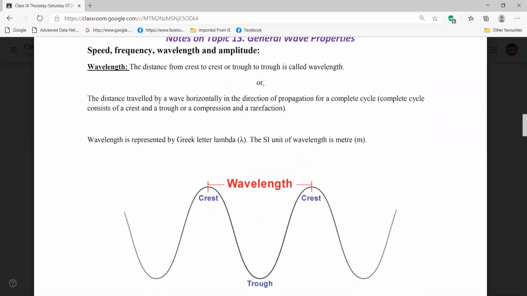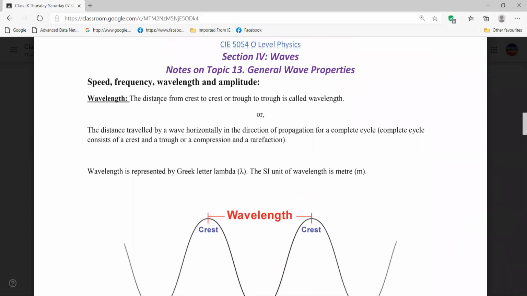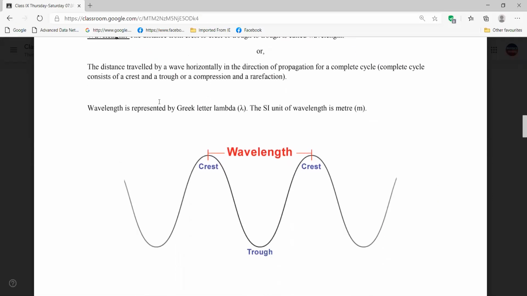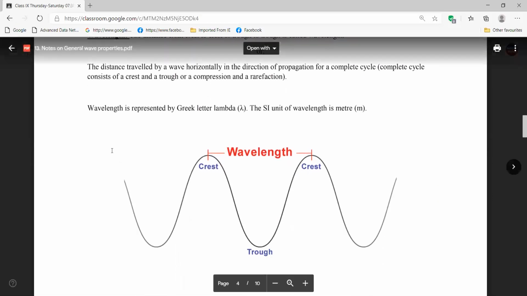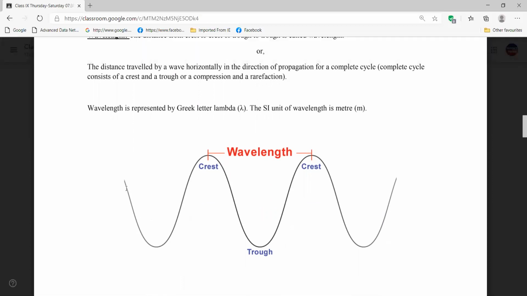So look, in this way, here the wave starts here, right? That's right. And this is half of the wave.